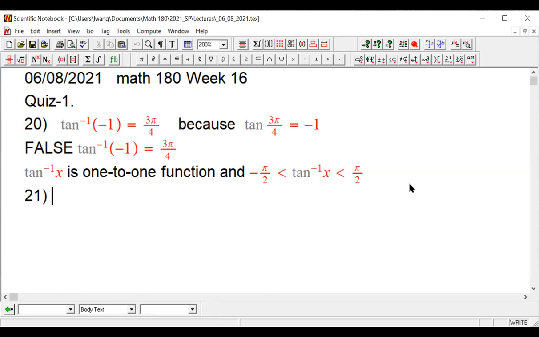21. Okay, 21. All these examples demonstrated the student did not have adequate preparation in trigonometry.